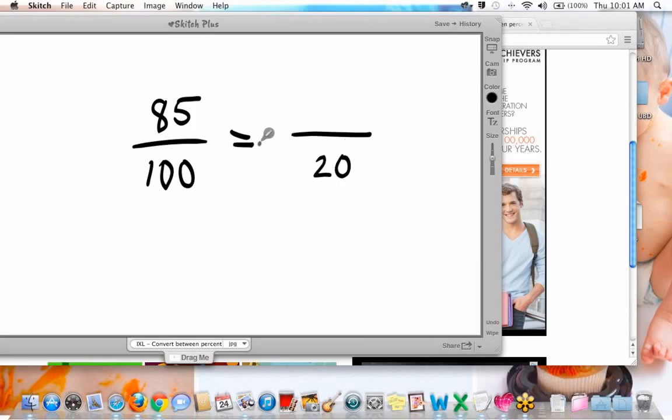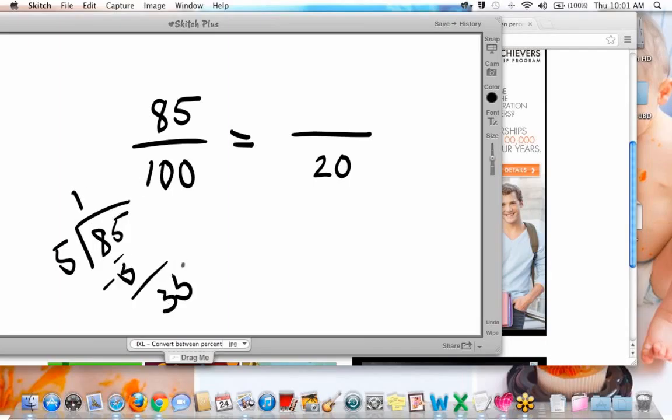Because we know 100 divided by 5 is 20. So 85 divided by 5, very good. Most of you are getting it. 85 divided by 5 is 17.